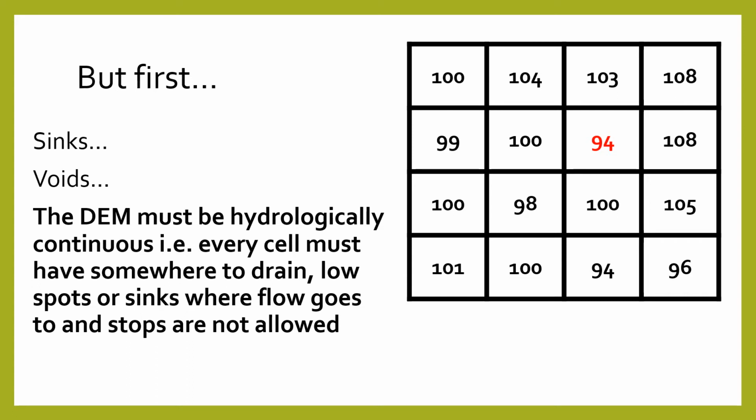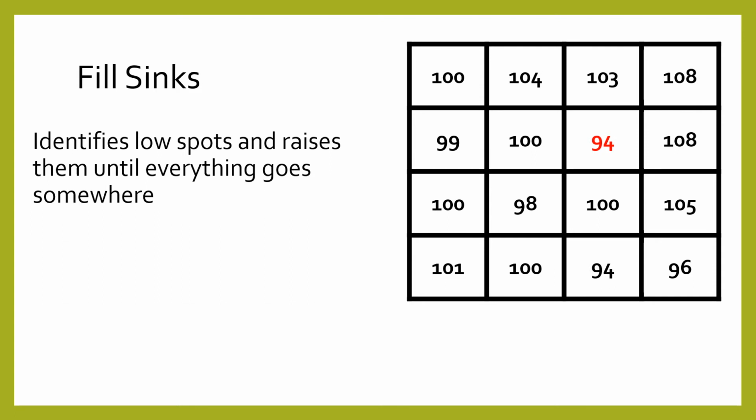But before you can do any of that, you have to take care of sinks. So we need it to be hydrologically continuous, so everything has to drain somewhere. So 94 doesn't drain anywhere, so that's got to be fixed. A tool like fill sinks would identify low spots and then raise that elevation until it is higher than one of the surrounding cells.